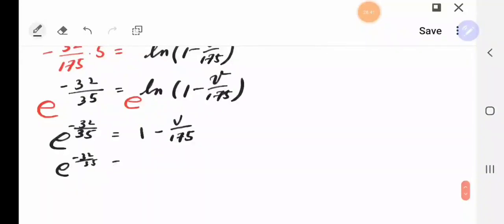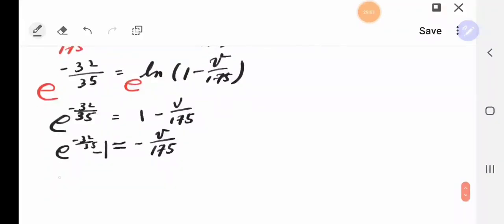So that we have negative v over 175. And then from this, multiply each side by, where's minus 1? Yeah, minus 1. Okay, let's multiply each side by negative 175. So the right side is just v.